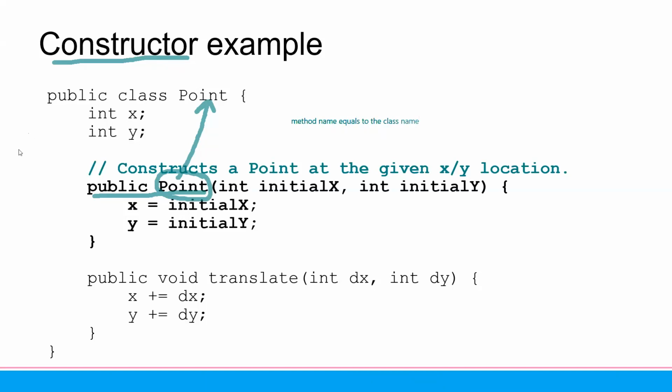Here we have the public Point, and then we have the initial x as integer and initial y as integer. So whenever I have a new point at the first time, I can define the initial value of x, initial value of y, and I can put this initial value into the x, and I can put the initial value of y into the y. So the program will be shorter.